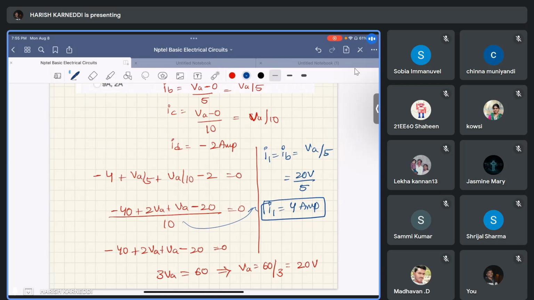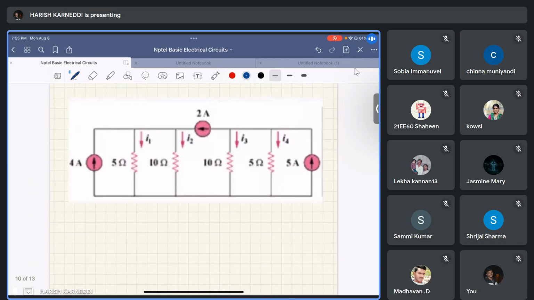Okay. Next, we will apply the nodal analysis at node B. That node B is, we consider here as node B, right? This is VB. Okay, in the previous case, we assumed that the leaving directions of currents are IA, IB, IC, and ID.